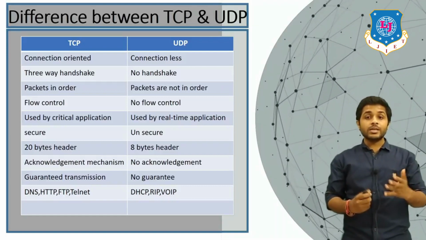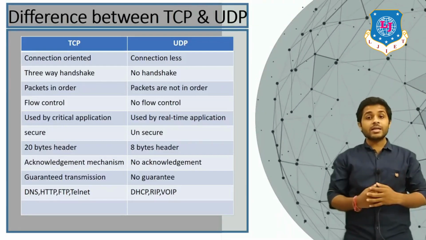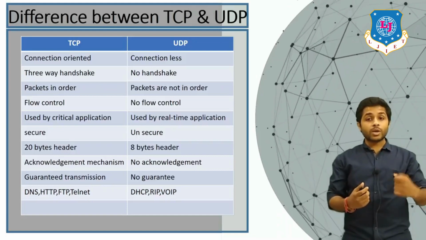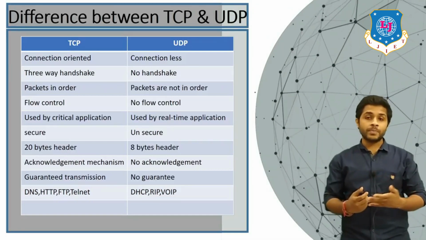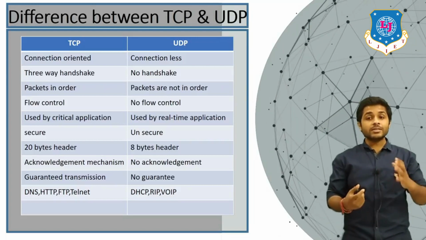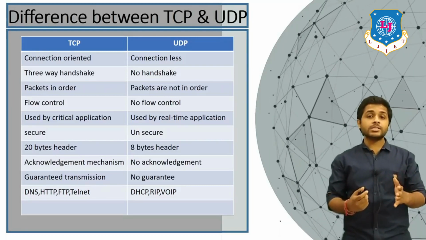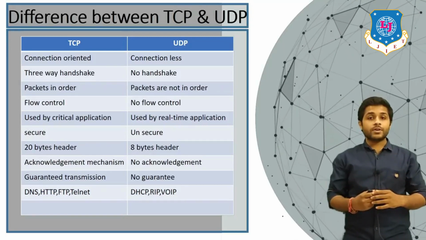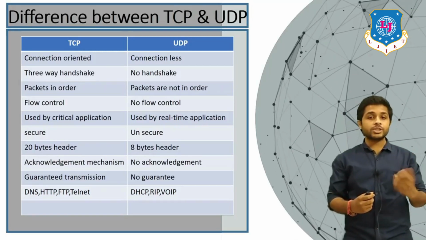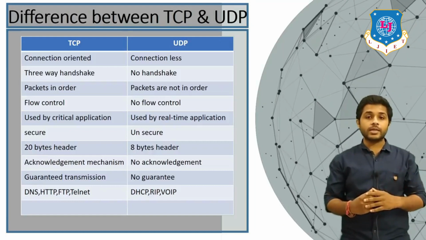So if we are developing an application that requires real-time data transfer, in that case UDP is more preferable. If we are developing an application that requires security, in that case we will use TCP. Then, the size of the TCP header is 20 bytes and the UDP header is 8 bytes.